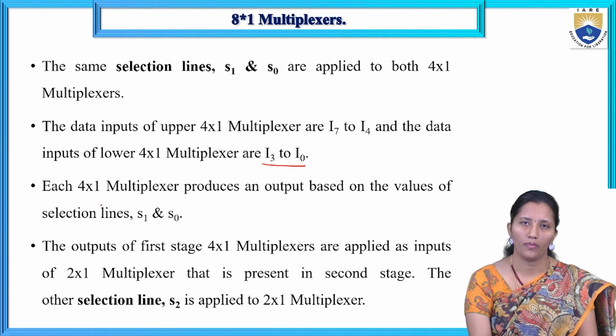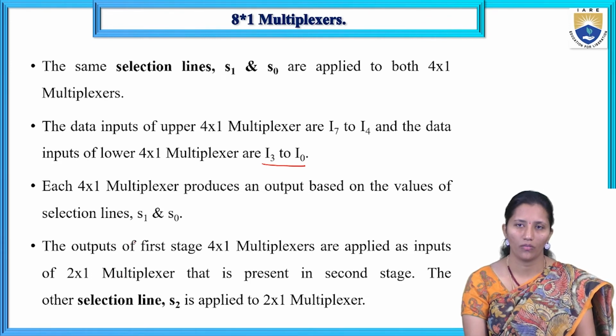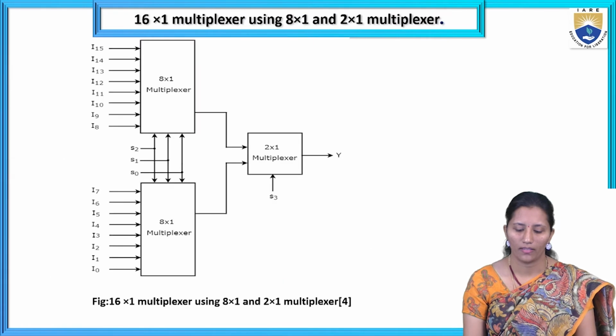The outputs of these two 4 by 1 multiplexers are given to the 2 by 1 multiplexer, and this 2 by 1 multiplexer has the selection line S2, and the inputs are from the outputs of the 4 by 1 multiplexers, and it has only one output. So this is the realization of 8 by 1 multiplexer using 4 by 1 mux and 2 by 1 mux.